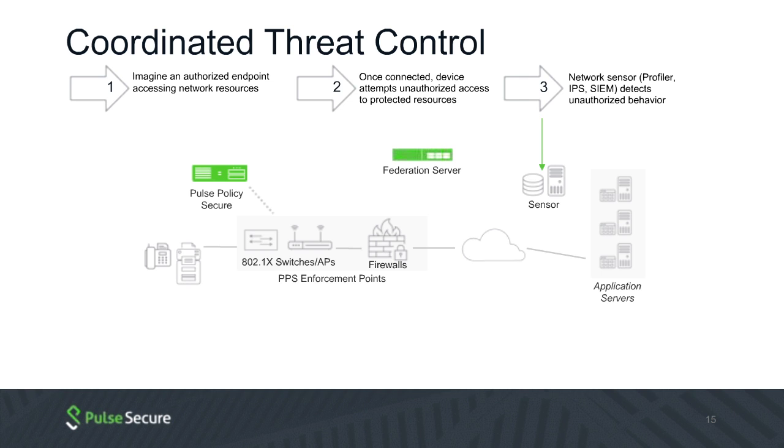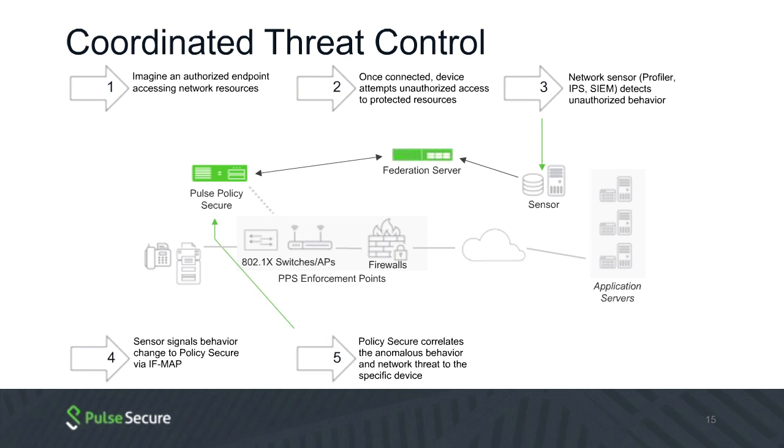So here again, you can have some kind of sensor, in this case probably a SIEM or an IPS, that would detect this unauthorized behavior, signal it to the policy server, and the policy server can again correlate the behavior, identify the active session for that user, and restrict their access.